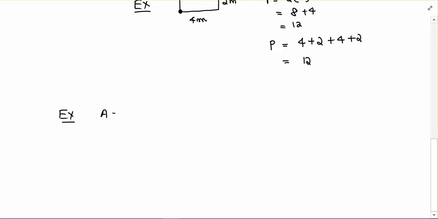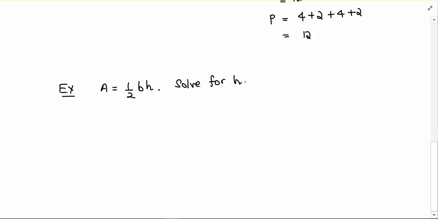A equals 1/2 BH, and it might say solve for H. In this case, what they want you to do, solve for H, means isolate the H, or get the H by itself on one side, right? That's what solve means. So you go back to all the things we've learned about solving equations.